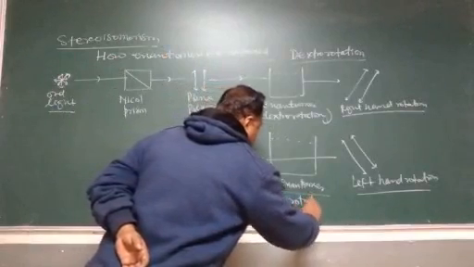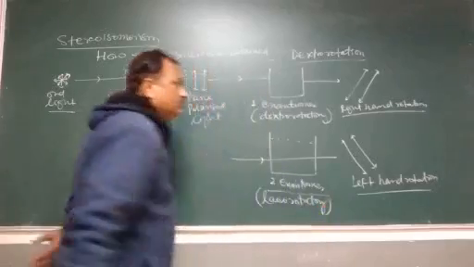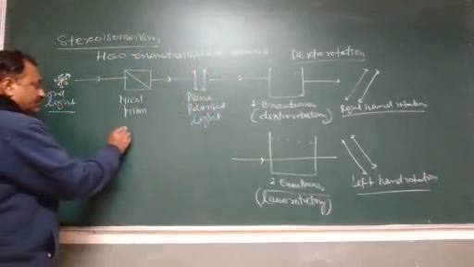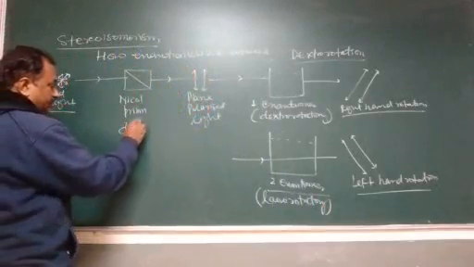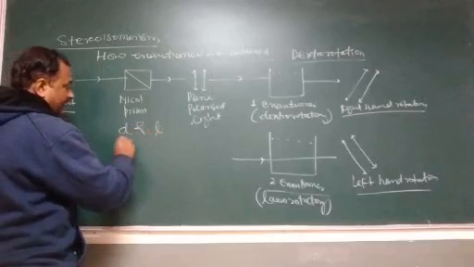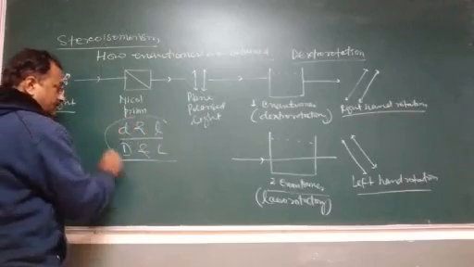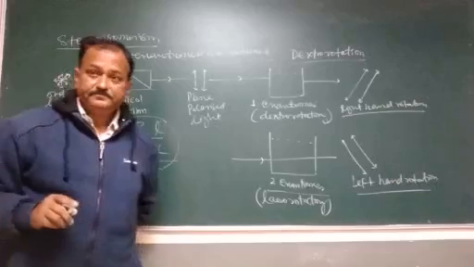Levorotatory means rotation toward the left-hand side. So the point is that the enantiomers are D and L. This is one part.